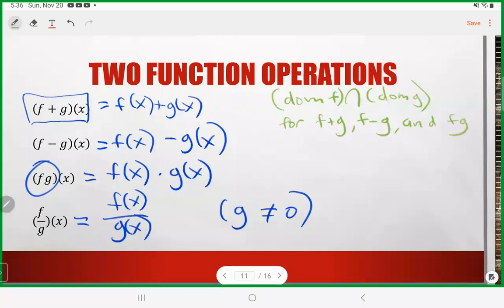And it's the same case for f divided by g, except what? G can't be 0. Great. So for this one especially, it's going to be the domain of f intersection the domain of g, and g of x cannot be equal to 0.